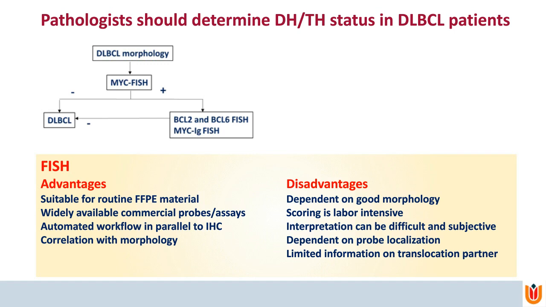There also are disadvantages because we depend on good morphology. And scoring is very labor intensive and also often subjective and difficult. It's dependent on the probe localization, and with a limited set of probes available, we only have very limited information on the translocation partners. Let me go in detail on this.